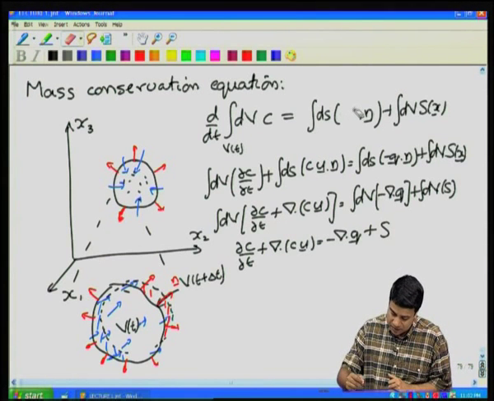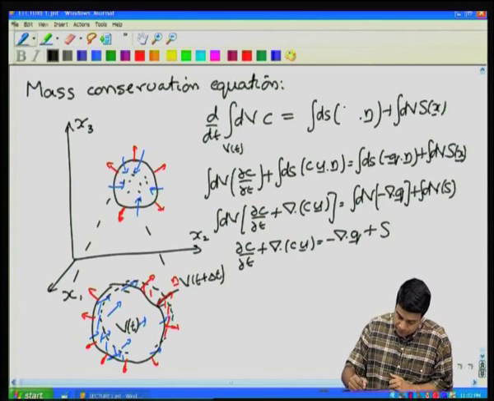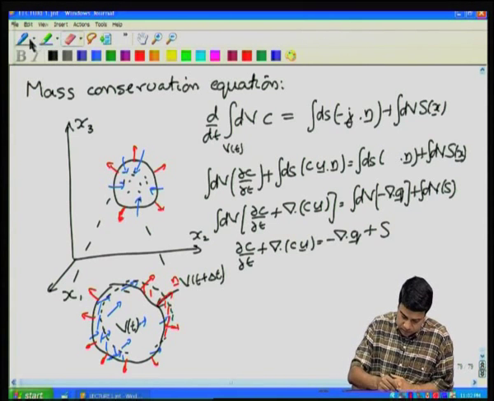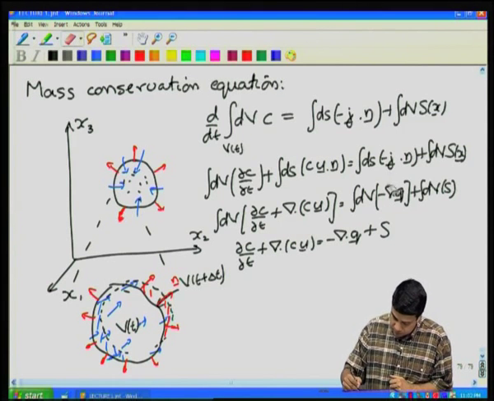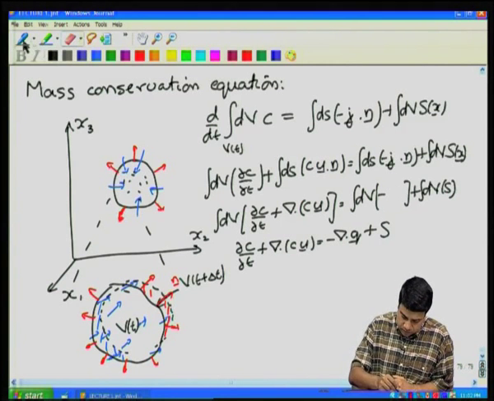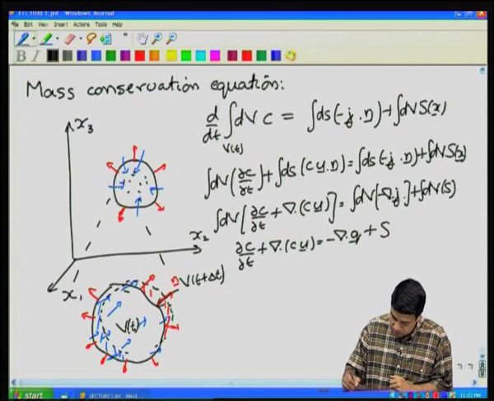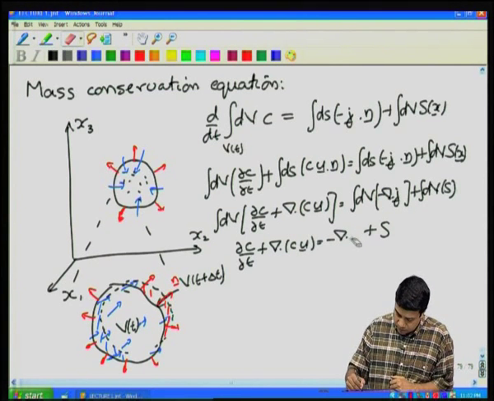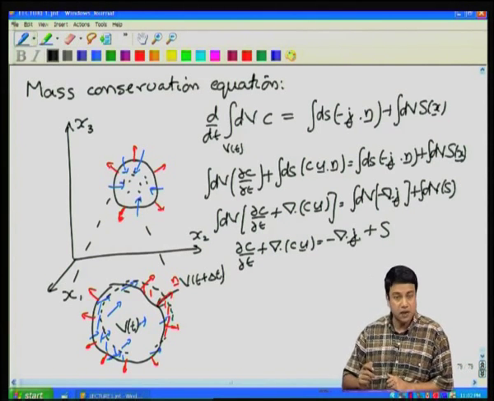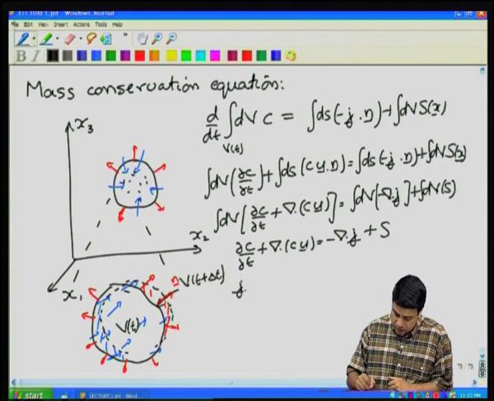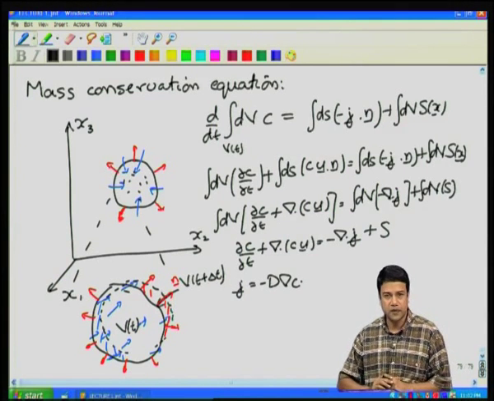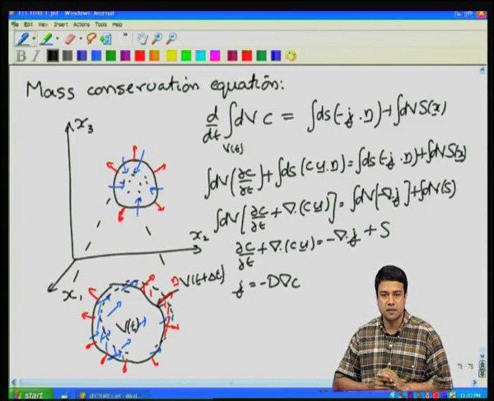So, let me just replace this by J to avoid confusion, minus J. And once again, if you use the constitutive relation, J is equal to minus D grad C, you get D del square C for the divergence minus the divergence of J. So, this is the simple extension.